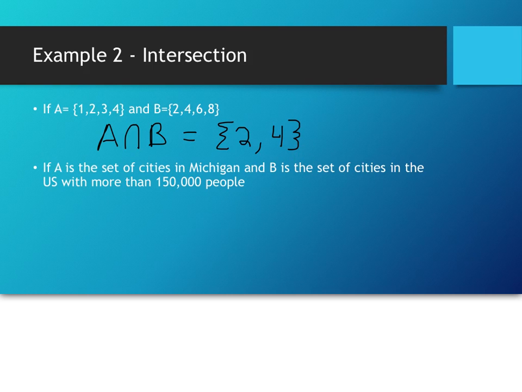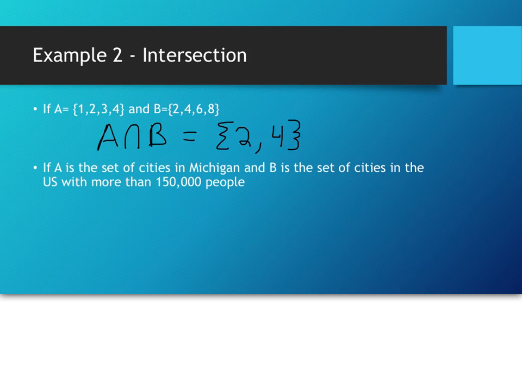Now, in my next example, I gave you a little bit more of a thinking idea. And I'm doing this so that we can sort of lead up to logic if we do cover that in the next chapter. So, if A is the set of cities in Michigan, so think of A is going to include Mount Pleasant, it's going to include Detroit, it's going to include Lansing, it's going to include Traverse City, all cities in Michigan.